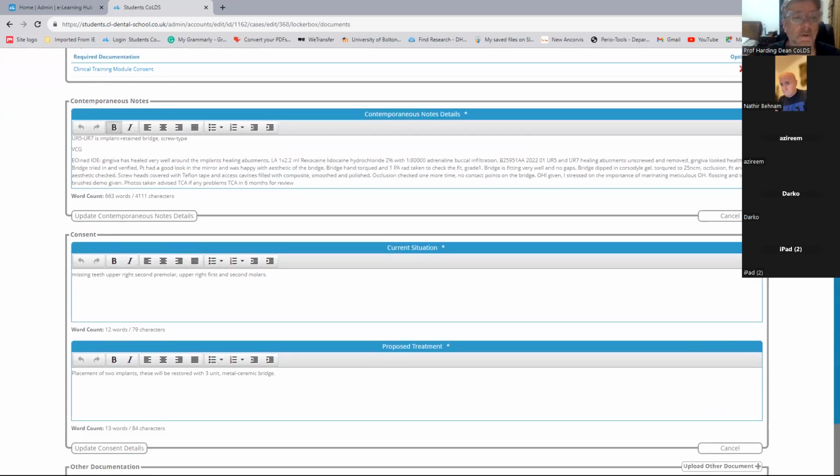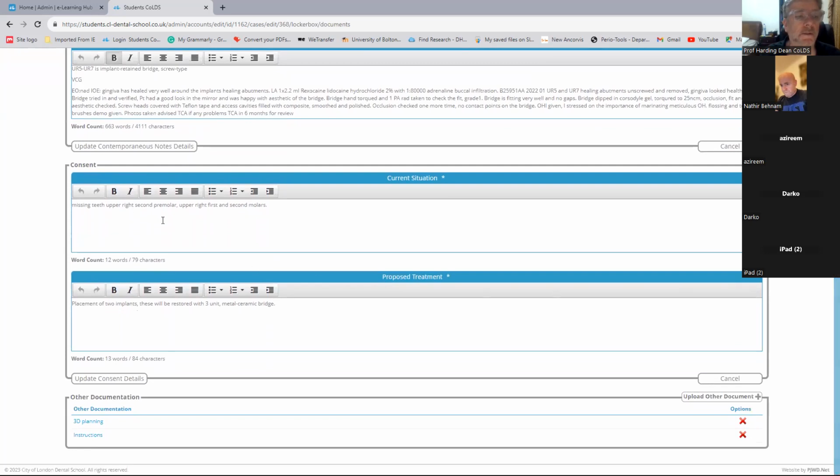The next bit you've got is the consent area. Now the consent area is more about your diagnosis, because the clinical notes don't really go into any detail about diagnosis or what your treatment plan was.